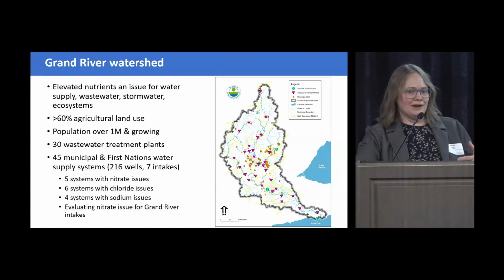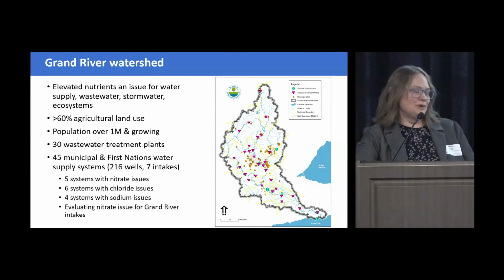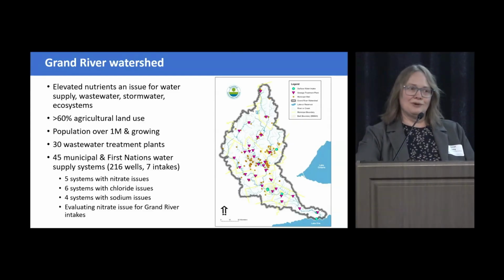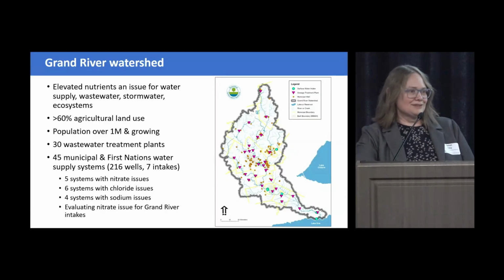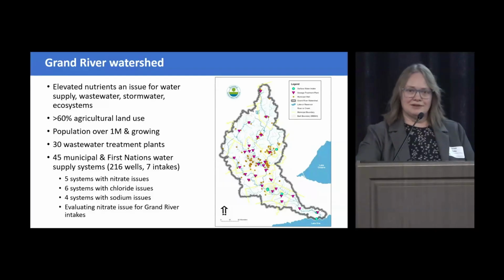So the Grand River watershed extends up, if you've been to Luther Marsh before, in Grey and Dufferin counties at the top of the watershed, and flows through much of Wellington County, Waterloo region, Brant County, Brantford, Oxford, Hamilton, Haldimand, and of course, Six Nations and the Mississaugas of the Credit Reserves are in our watershed.